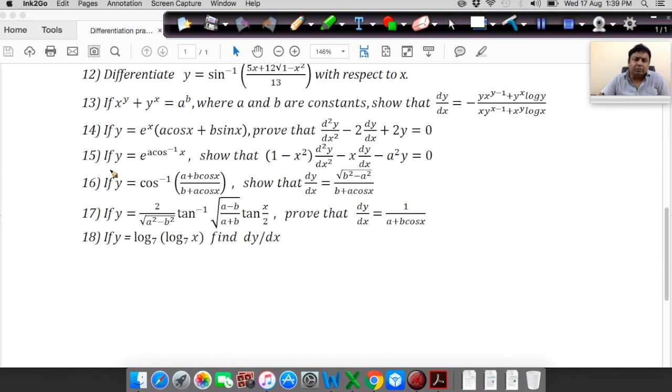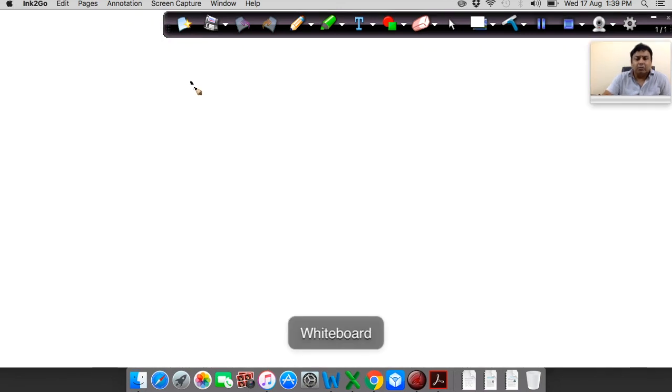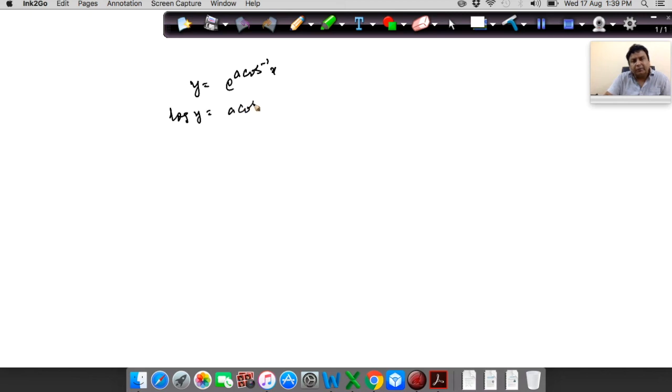Next question, the 15th: y equals e to the power a cos inverse x. So we can make it log y equals a cos inverse x into log e, which is 1.